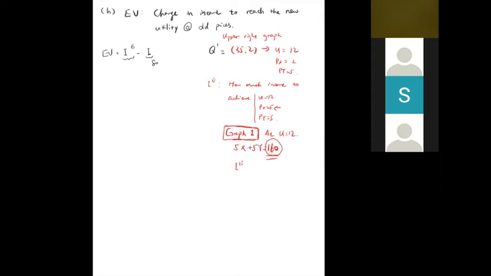So IE is 160. And previously, at the original optimum at (35, 2), we found that I is 80, because we use the upper right graph and find the budget line: 2x plus 5y equals 80.